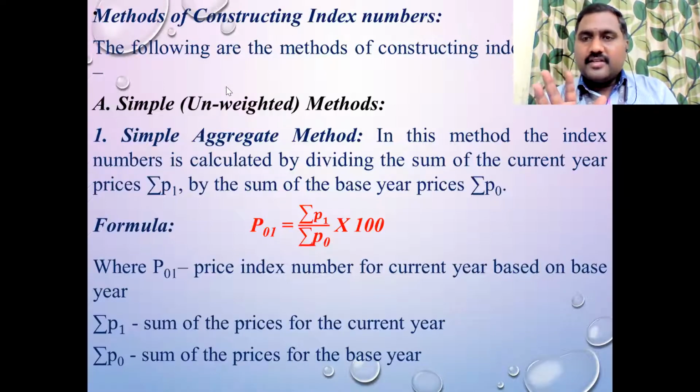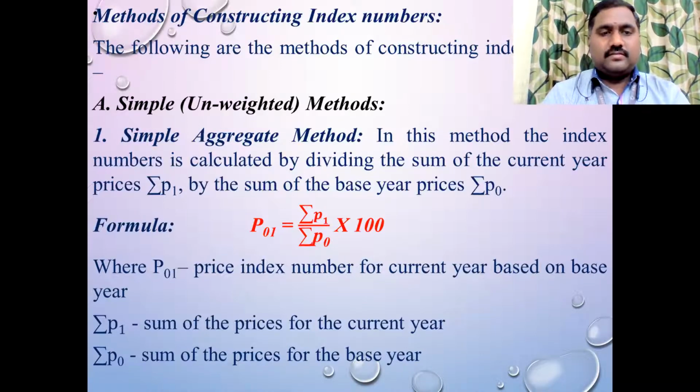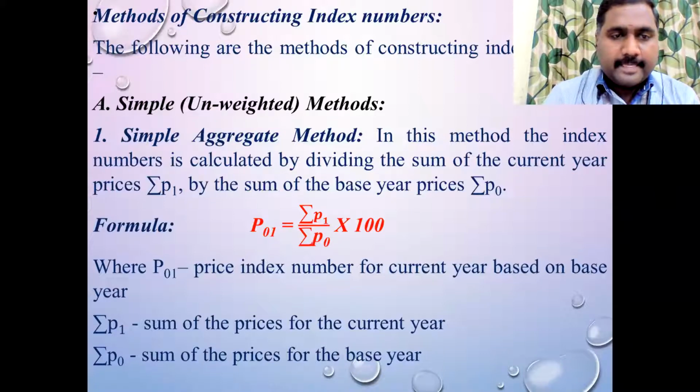Any doubts, is the index number concept clear? Or does anyone want me to ask and remove from the class? Okay, wait, I'll ask. Yes, Kiran Chandran, 2039. Kiran Chandran.